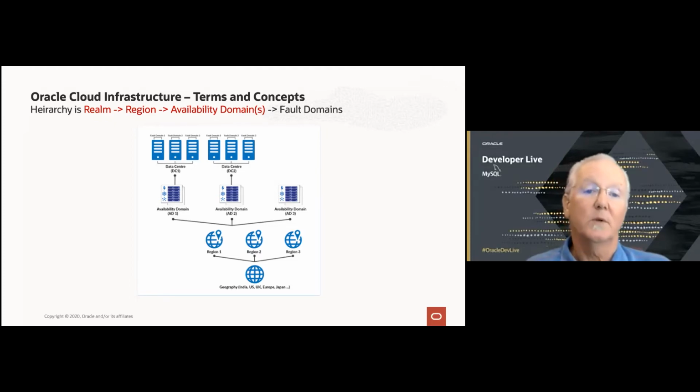Then there's a region, which is a localized thing. The OC1 realm spans many regions, and MySQL Database Service is in many regions. We're in Ashburn, Phoenix, Frankfurt, Tokyo, and I've probably left some out because more and more are announced every day. We're rolling things out across the world very quickly.